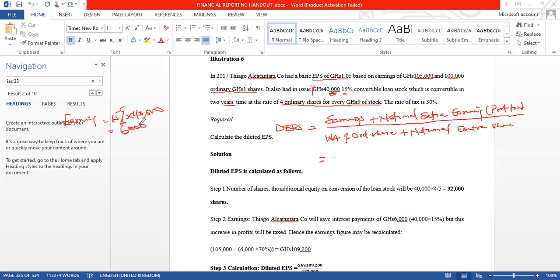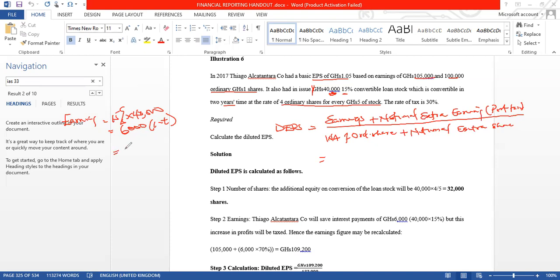Now this 6,000, remember we are looking at the post-tax, so it is 1 minus T, where 1 represents 100% and T represents the tax rate.